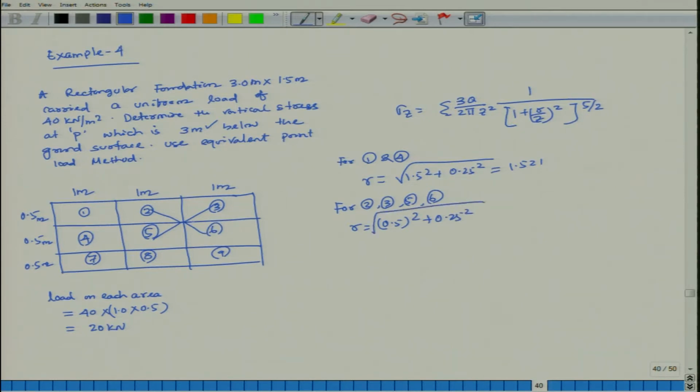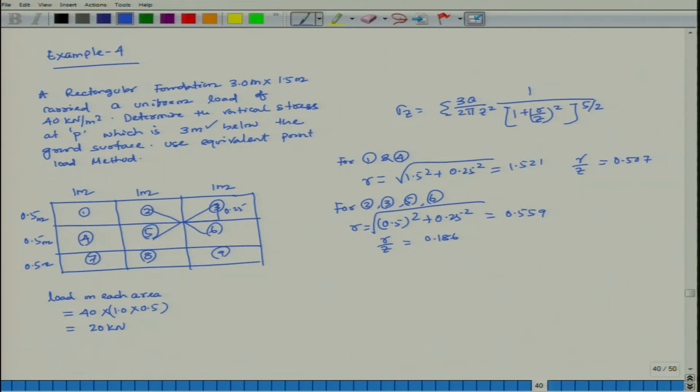This distance is 0.5, and half of this is 0.25. So, in this case it comes out to be 0.559. Then here, the first r by z is equal to 0.507, and here r by z is equal to 0.186.